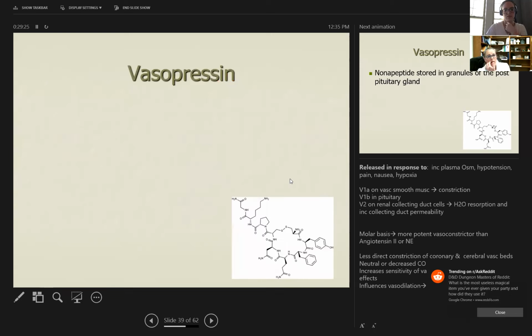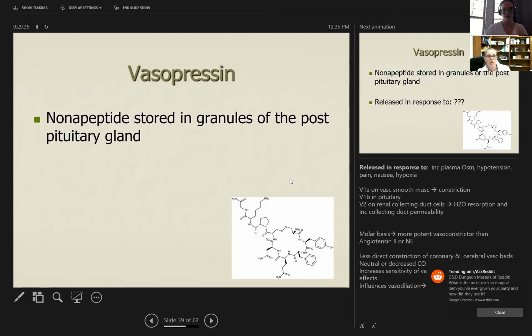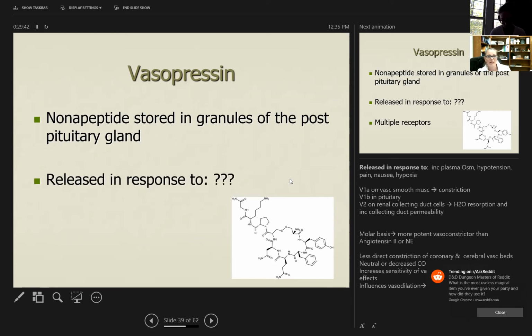Lastly, we have vasopressin. This is probably a little bit newer on the scene as far as using it as a vasoactive substance than some of the other drugs. So vasopressin is a nonapeptide. It's stored in granules in the posterior pituitary gland, and it's released in response to many, many physiologic stressors. So basically any stressor that you can think of, vasopressin is going to be released.